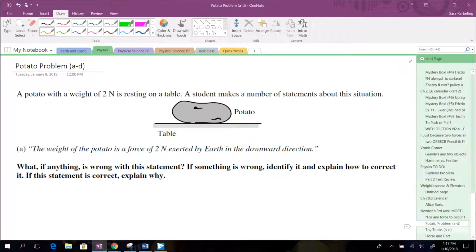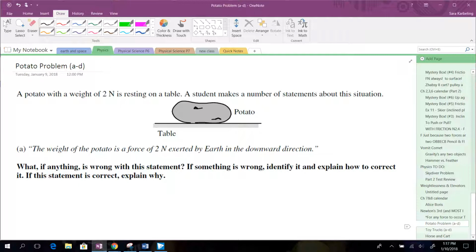The weight of the potato is a force of 2 newtons exerted by the earth in the downward direction. Is that true? Or is there something wrong? So you can say it's true or it's not. This is what got messed up.